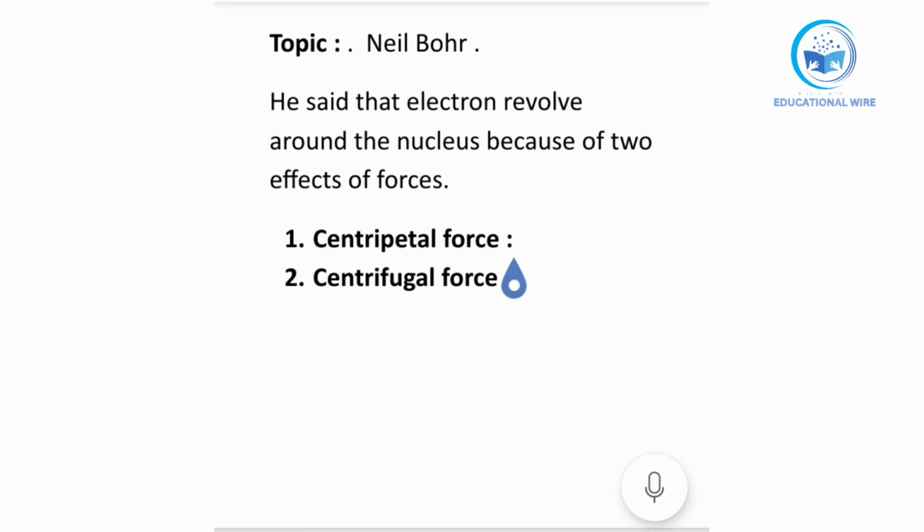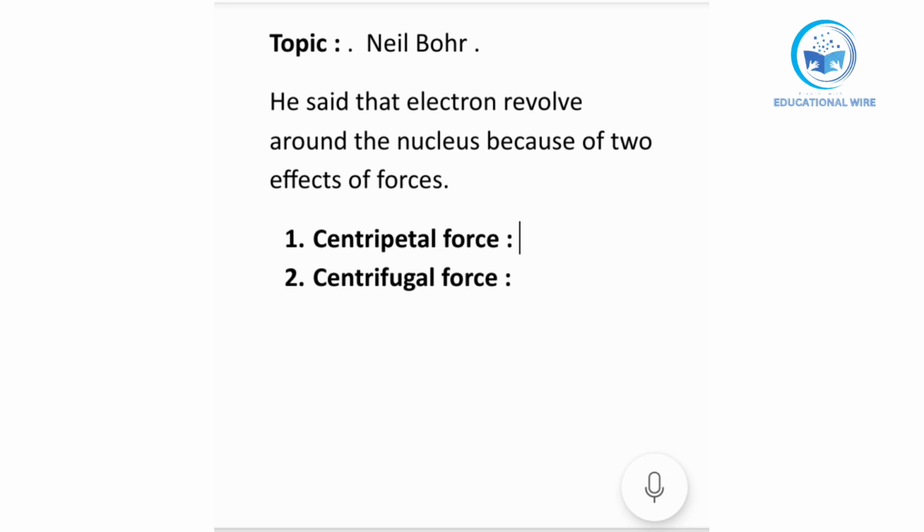Centripetal force means to attract toward the inward side. Centrifugal means to move toward the outward side. Centripetal force is the attraction between two different components, you can say. But in the centrifugal, we have a force that is the outside one, and it moves outside.